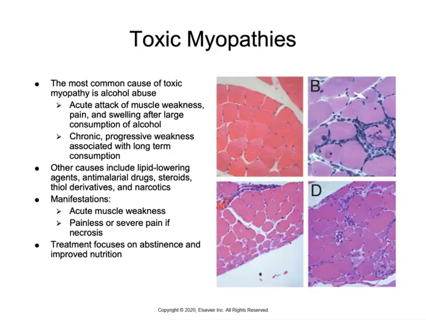We also will see pain and swelling after large consumptions of alcohol, especially. We are also going to see a decrease in muscle tone. The tendon reflexes are going to be reduced and atrophy may be present.